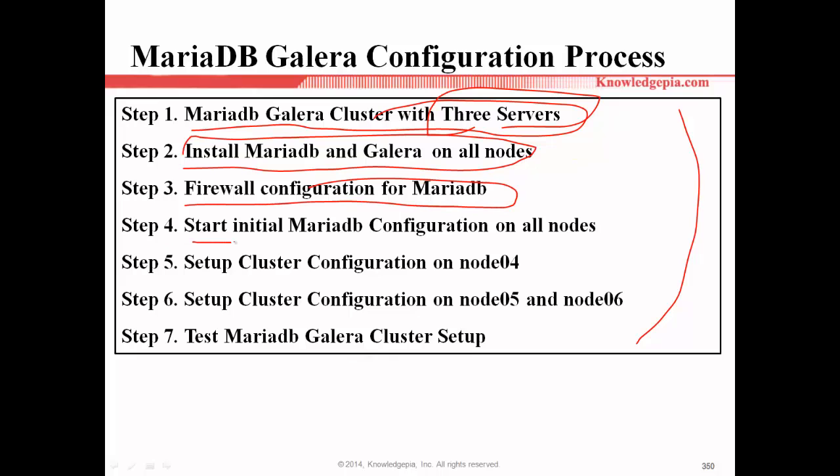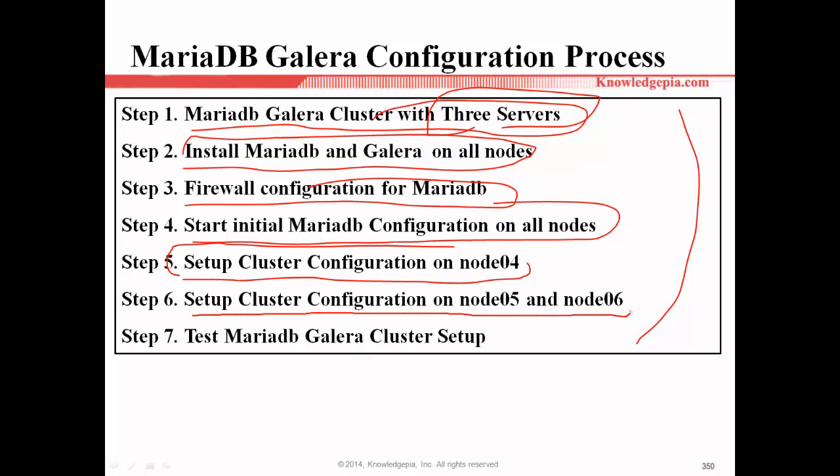Step 4, start initial MariaDB configuration on cluster node. Step 5, set up cluster configuration on node 4. Step 6, set up cluster configuration on the other cluster nodes, like node 5 and node 6. Step 7, the last step, we will test the MariaDB Galera cluster.